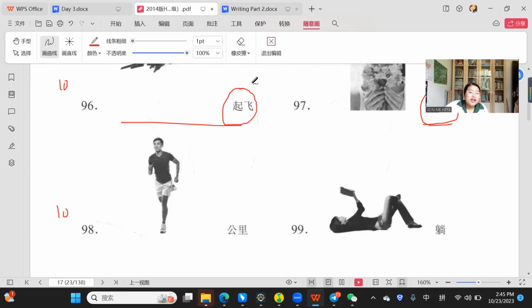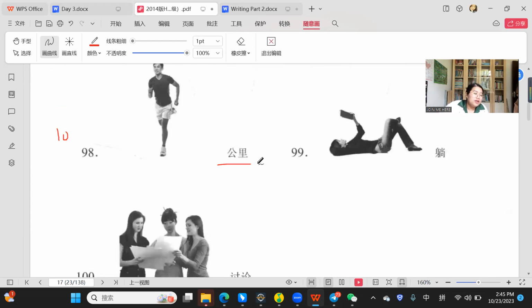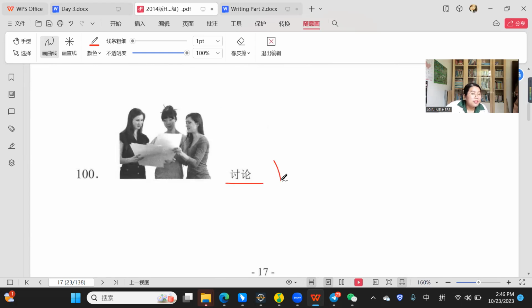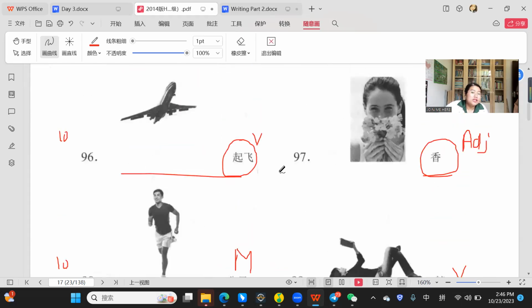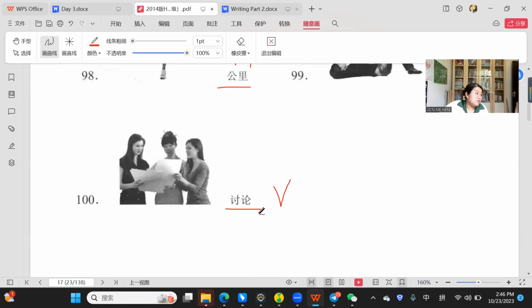So in here is giving you a verb. In here is giving you an adjective. In here I give you 公理, which means measure word. And in here I give you a verb. In here I give you a verb. So you see the important ones are verb, then adjective, and then noun or measure word.